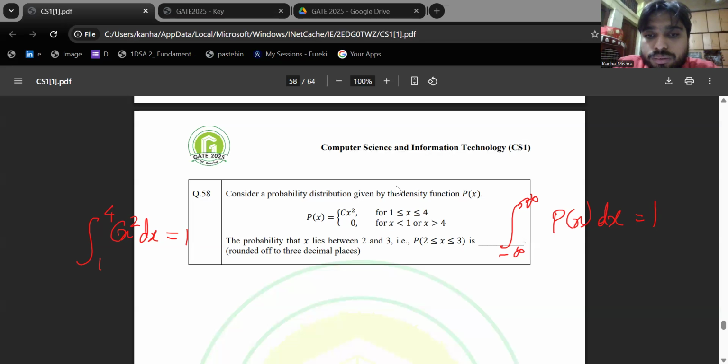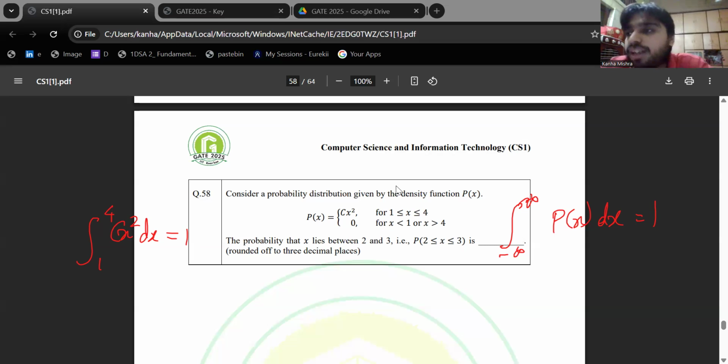So, probability between two values. Once the probability distribution function is known and normalized, the probability that a variable lies in a specific interval is computed as a definite integral.